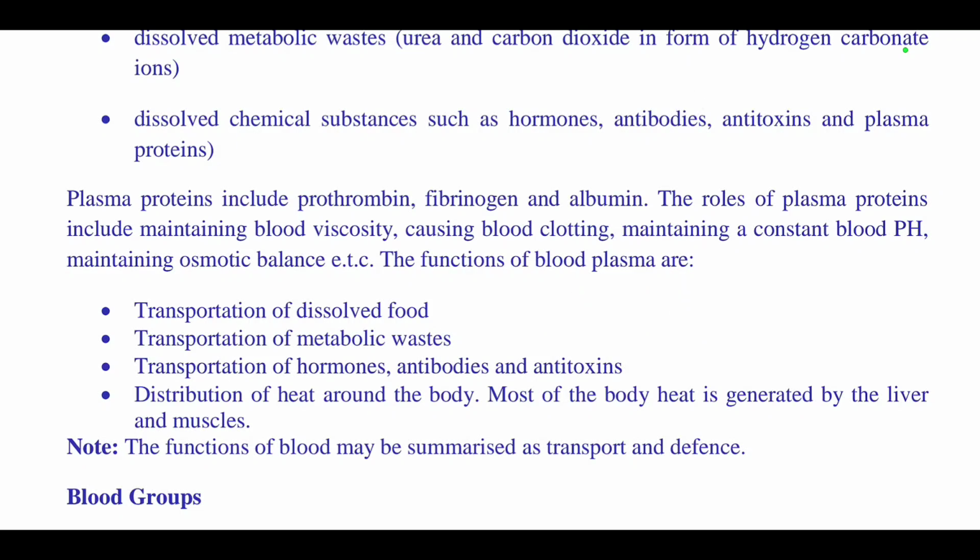The functions of blood plasma can be summarized as follows. Number one, look at this, guys.